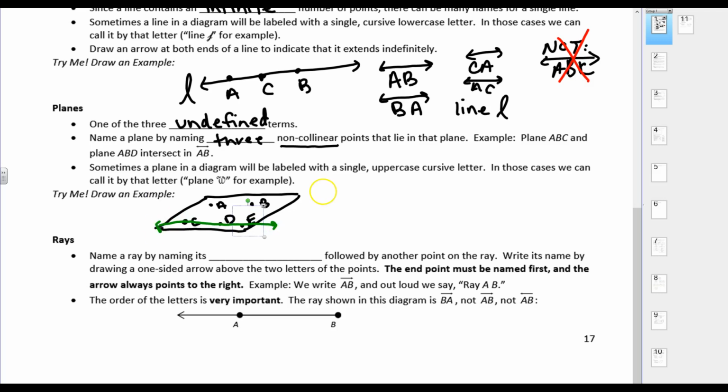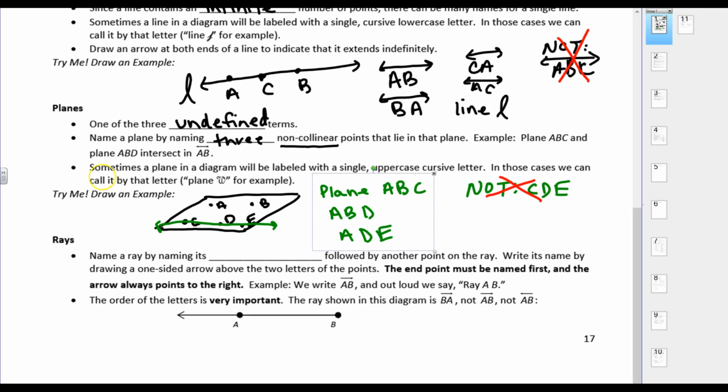I could name this plane ABC, ABD, ADE. All of these things are good, but I cannot name it by the 3 collinear points CDE. So we cannot do it by the 3 collinear points, but we can do it by non-collinear points.